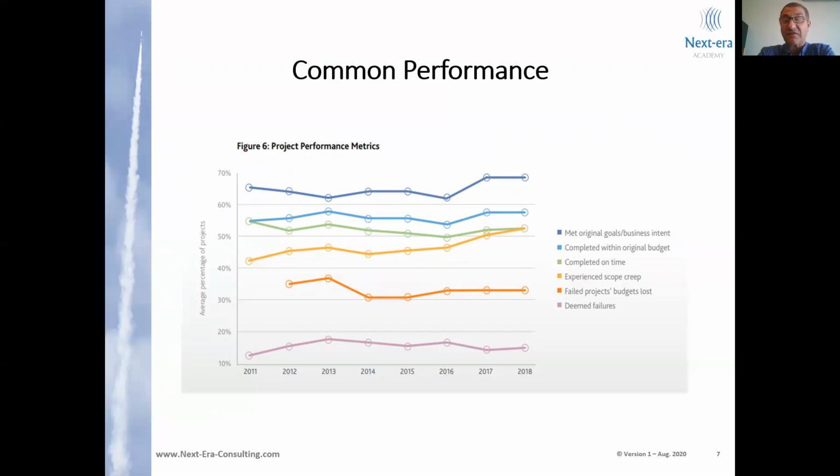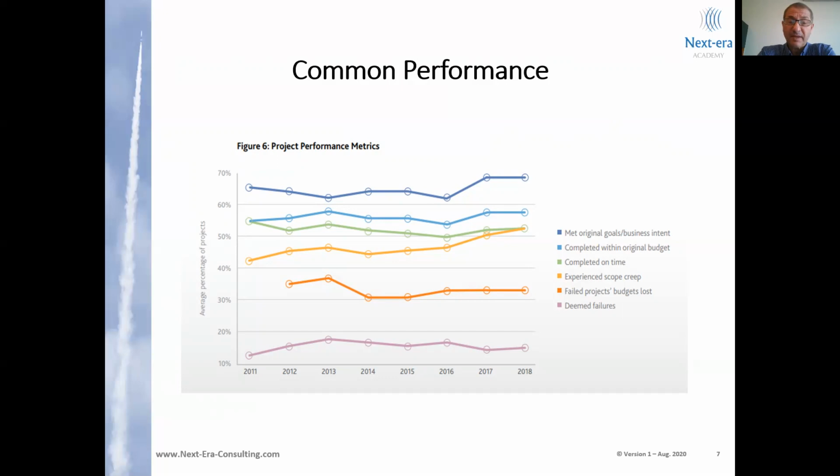About 30% of the projects have failed to meet their budget. About 40 to 50% of the projects have failed to deliver to the full scope, and only about 55% of the projects are being completed on time.